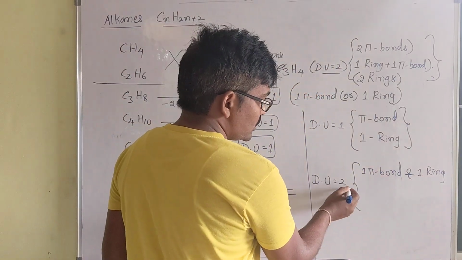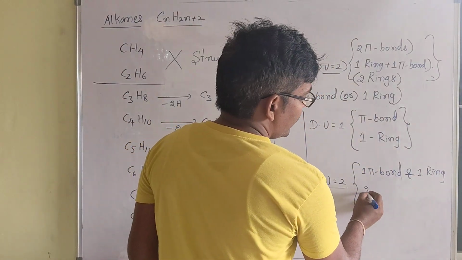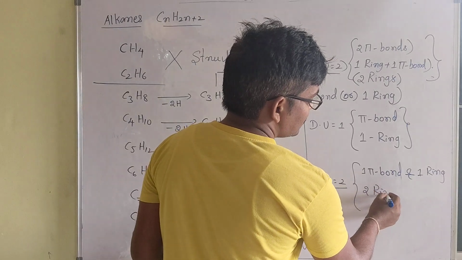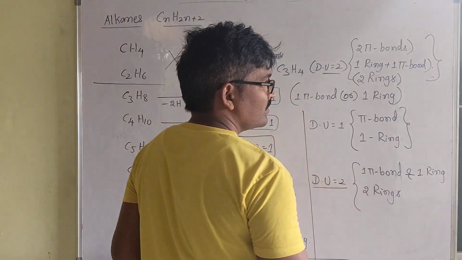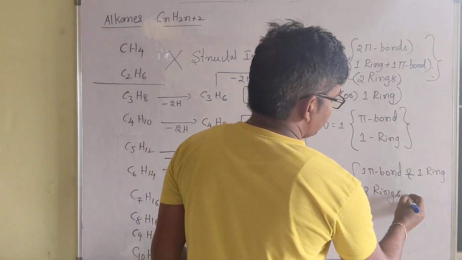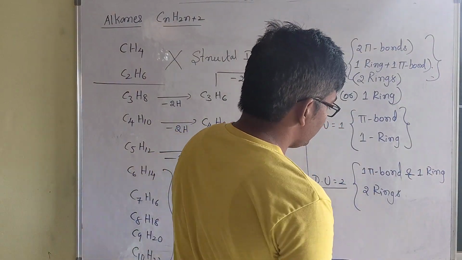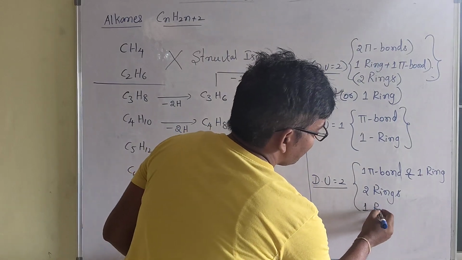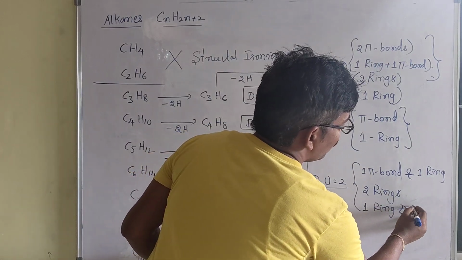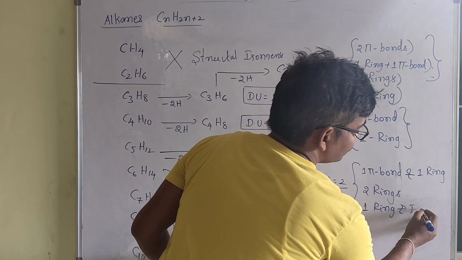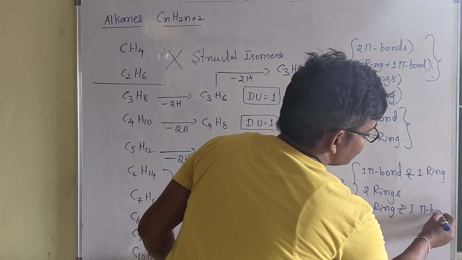Then 2 rings are possible. Then 1 ring and 1 pi bond is possible.